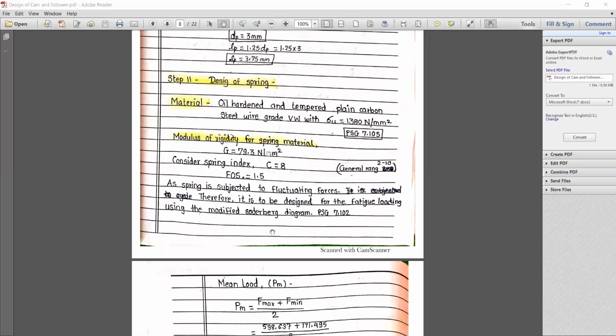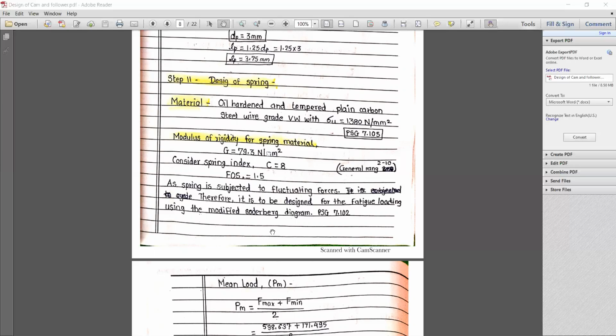Now the next step is the design of the spring. For the design of the spring, we need to refer to PSG page numbers 7.100 to 7.105. The design material of the spring should be oil hardened and tempered plain carbon steel wire grade VW with sigma u equal to 1380 Newton per mm square, referring to PSG page number 7.105.